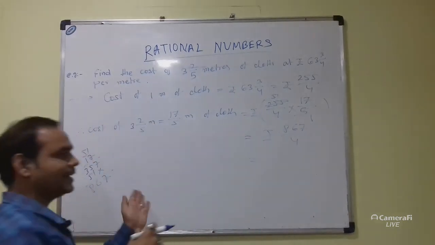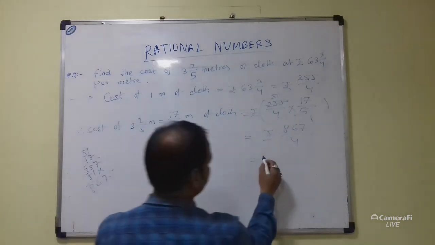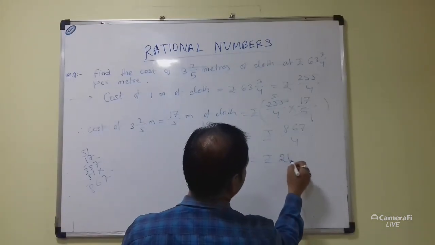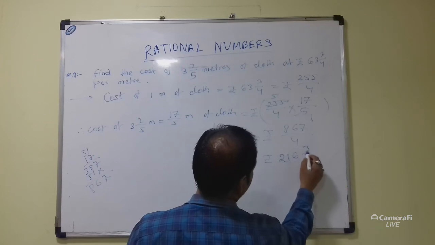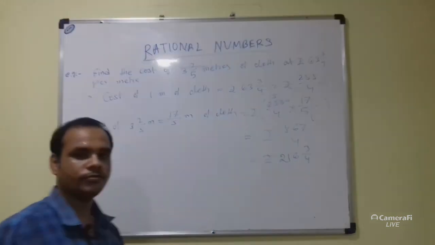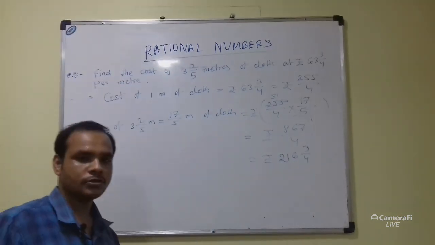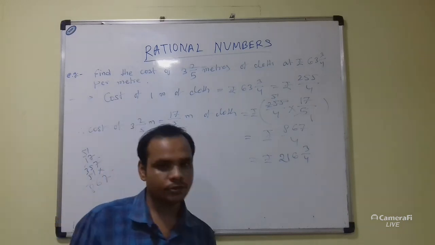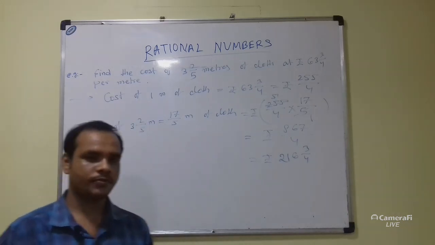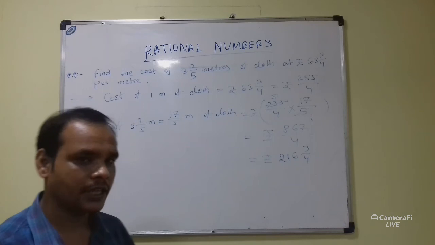Now we can convert it into mixed fraction. So it will be rupees 216 whole 3 by 4. So it's the answer, students. So I hope you understood, and thank you students, and you must practice all the sums at your home. Thank you very much.